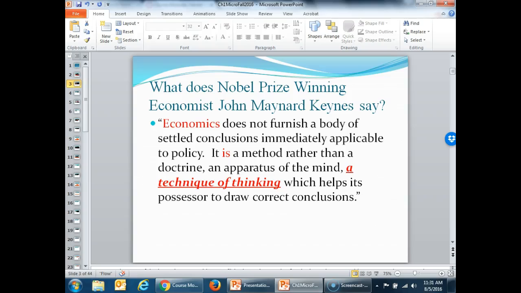Rather, what we are here for in a microeconomics class is to understand how economists think and the ways that they analyze problems. So economics is a method rather than a doctrine, an apparatus of a mind, a technique of thinking. And so we're going to be talking about some of those things today.